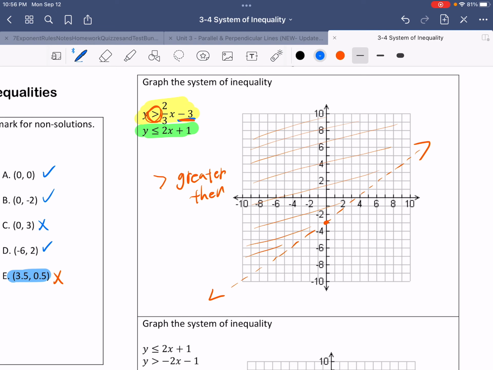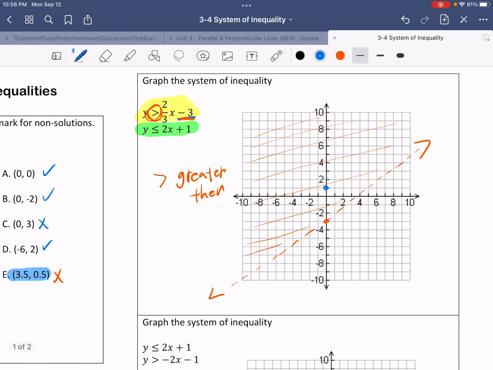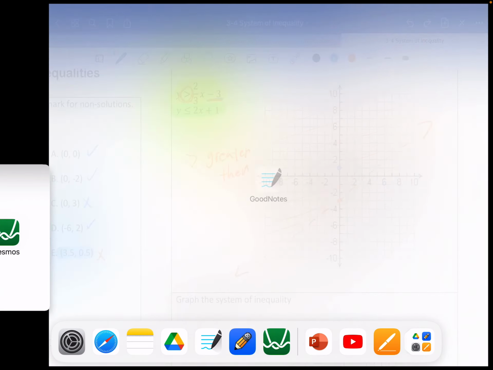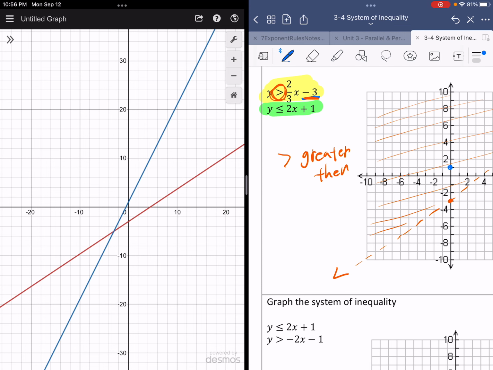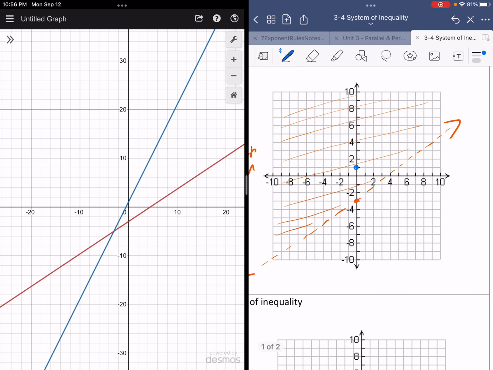According to the decimals, the previous one, it's also positive, but a bit more steep. So it will look something like this.